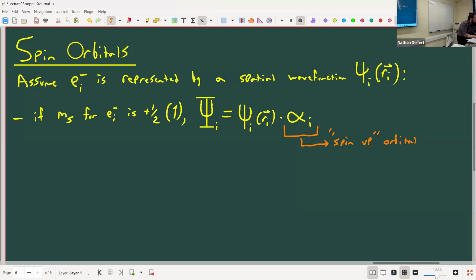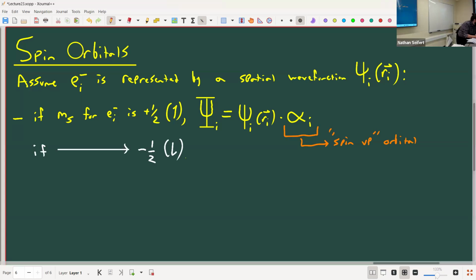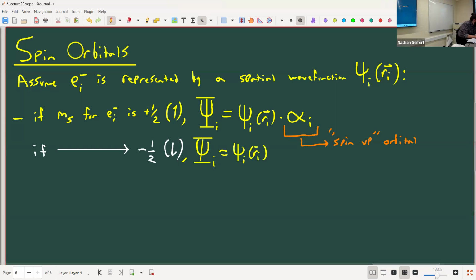If it's minus 1/2, which is spin down, the total wave function for this electron is its spatial part times beta.